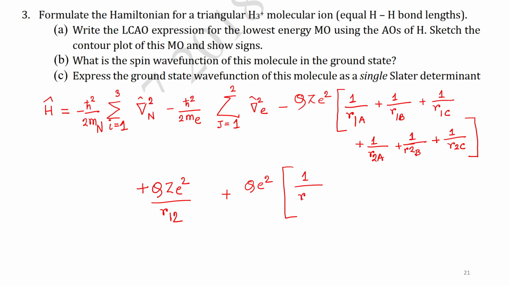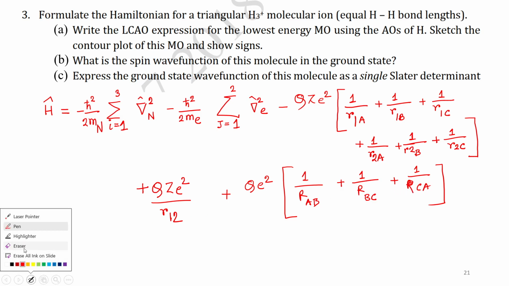That would be R_AB, R_BC, and 1 by R_CA. You can write it in whatever manner. AB and BA are going to be the same. So I can write it that way, and for convention, I will just write this R as a bigger R, the capital R. Now let me explain what each of these is.